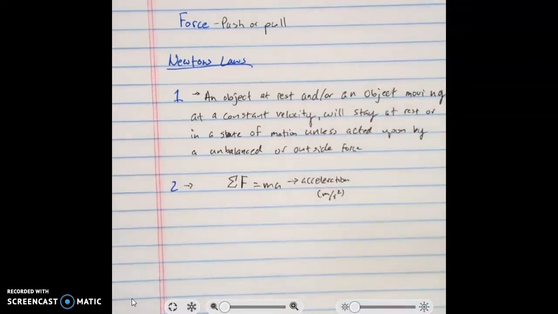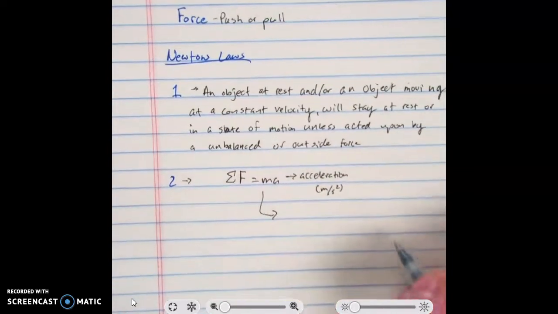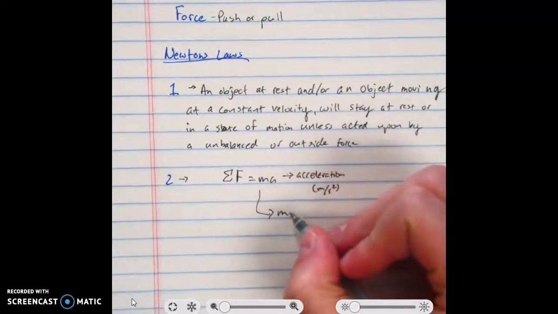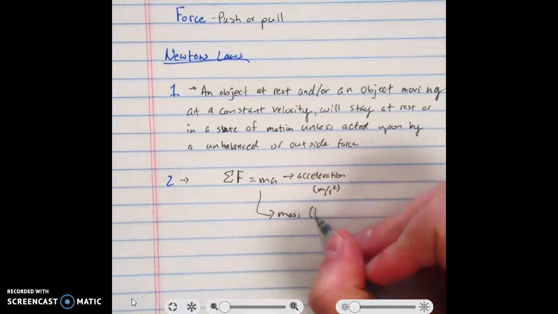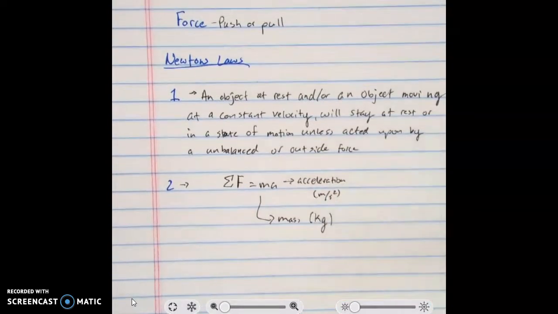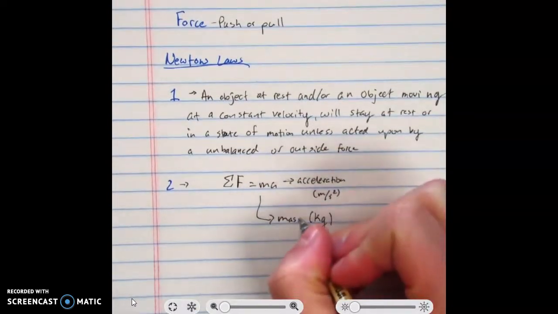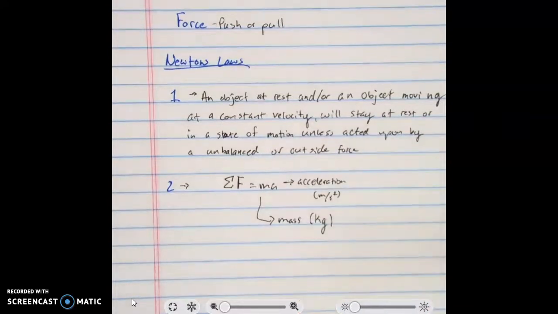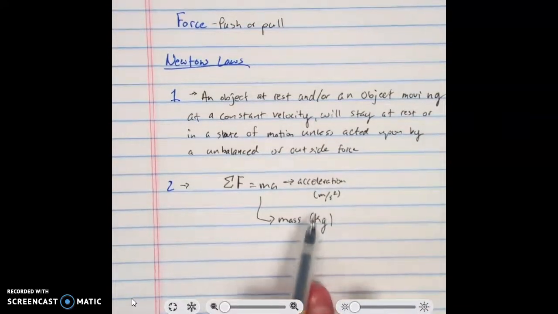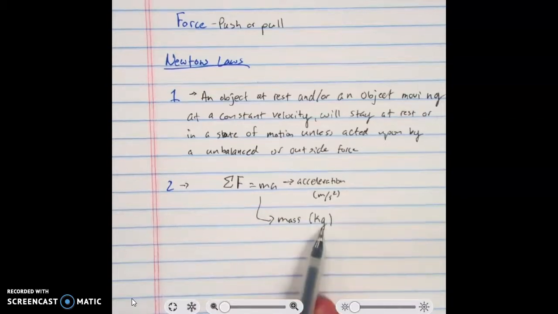Units are meters per second squared. M is mass. Units are kilograms. Mass is kind of a newer unit. We haven't done mass yet this year. So mass, base units are kilograms.